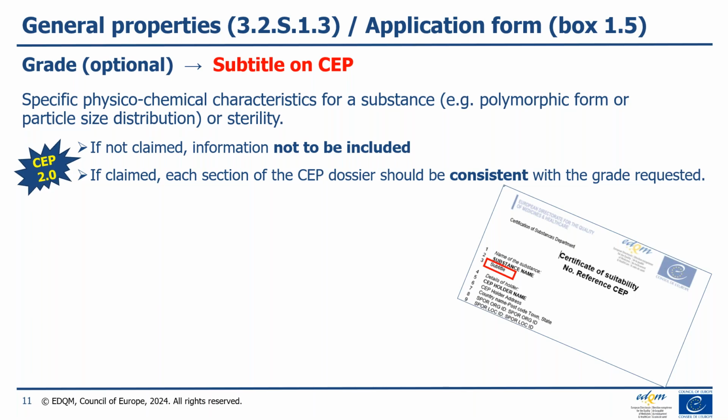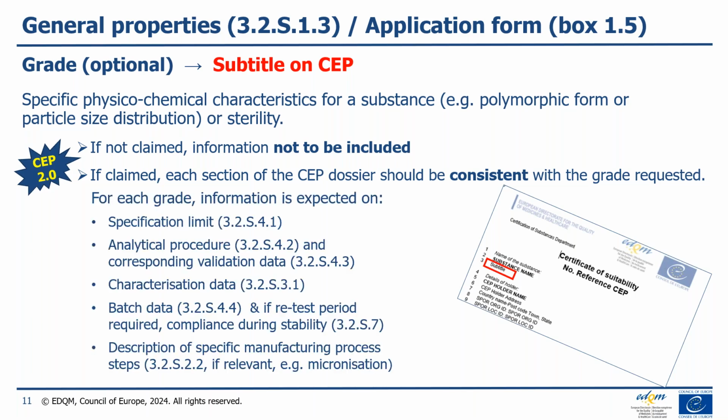As of the implementation of CEP 2.0, if no grade is claimed, no information is to be included on these kind of properties. And on the other way around, if it is claimed, each section of the CEP should be consistent with the grade requested. And this means actually that for each grade, information is expected on the corresponding specification limit, the analytical procedure that is used and the validation data.